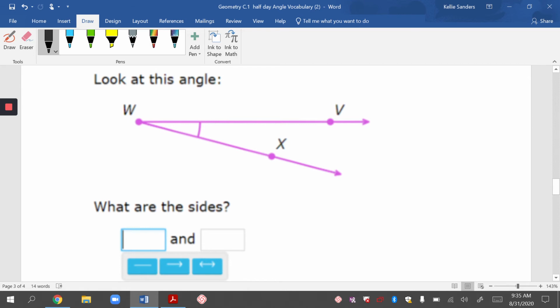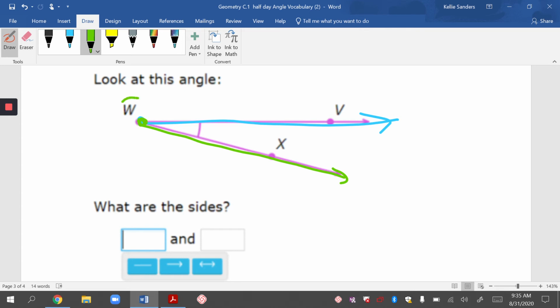Okay. Naming sides. An angle is made up of 2 rays. A ray, if you recall, has an endpoint and continues through another point. So there are 2 rays with a common endpoint. The common endpoint is the vertex. So if you're naming the sides, you're naming the rays.